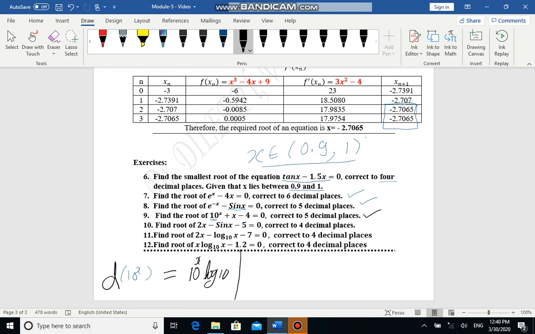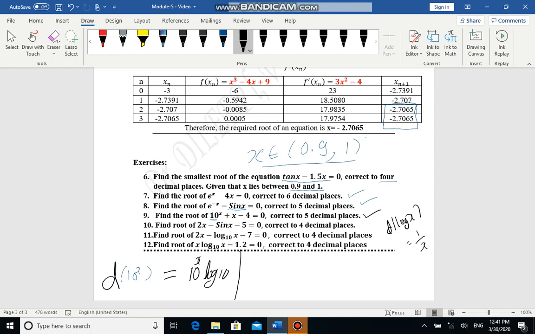But in problem number 11 and 12, we have the derivative of log x to the base 10. We know the derivative of log x is 1 over x if it is log x to the base e.